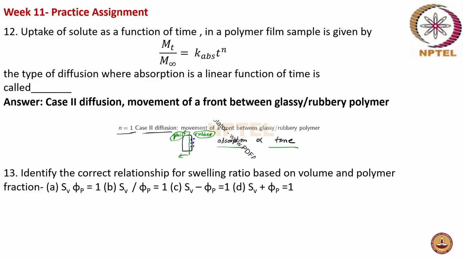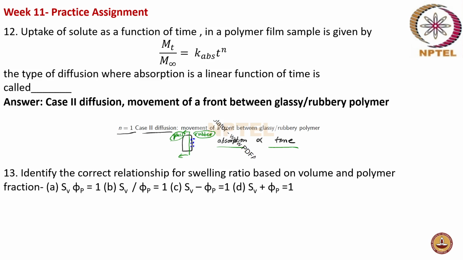Now next, identify the correct relationship for swelling ratio based on volume and polymer fraction. The swelling ratio based on volume is given by Sv and polymer fraction is phi p. What is the relationship between the two? Is it Sv into phi p equals 1, or Sv by phi p equals 1, or Sv minus phi p equals 1, or Sv plus phi p equals 1?